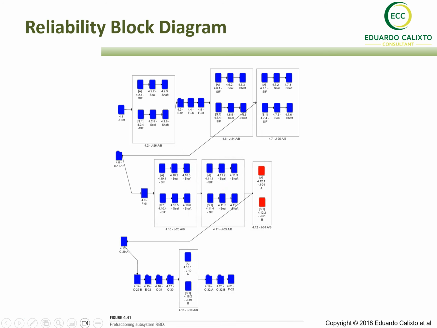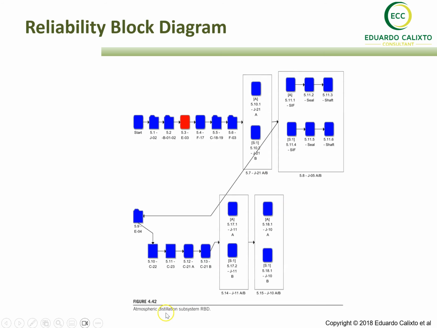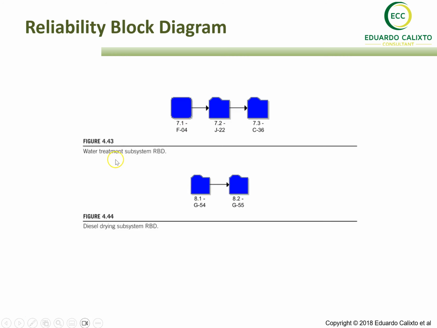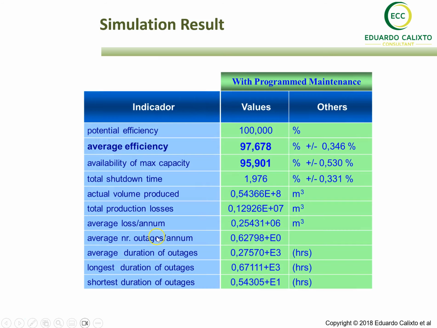Here is a pre-flash subsystem. Then we have atmospheric distillation. You can see in red, this is the furnace that's triggered. It's one of the critical systems, that's why it's red. Then of course here the water system was not critical, and also the diesel treatment system is not critical.